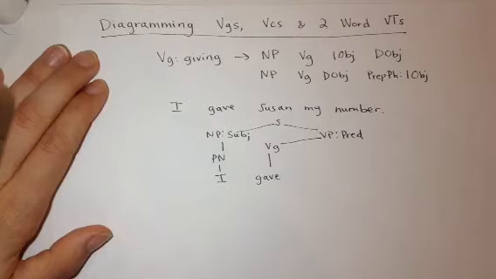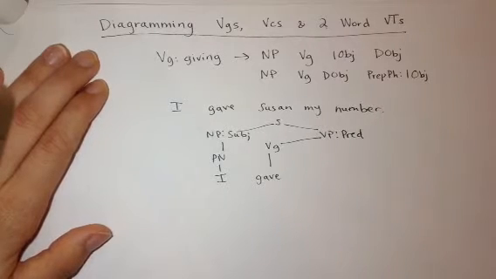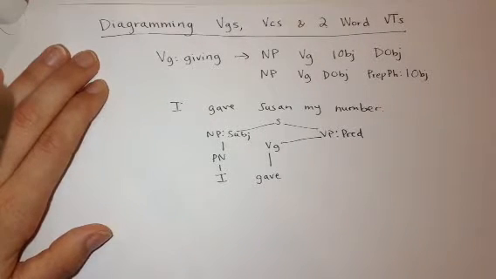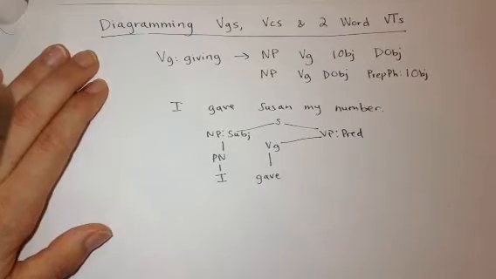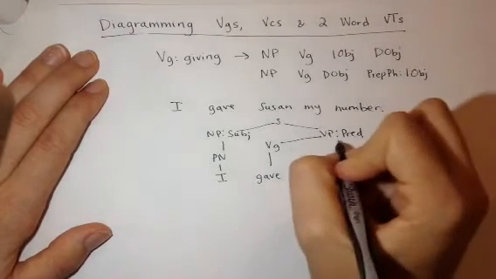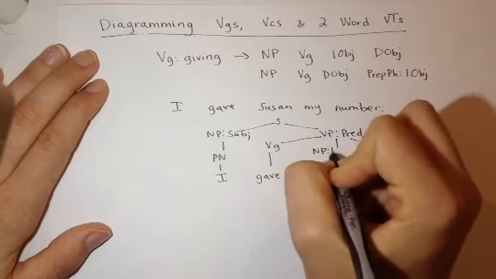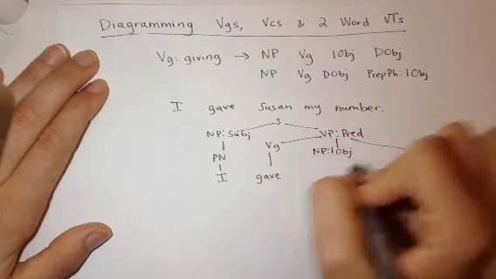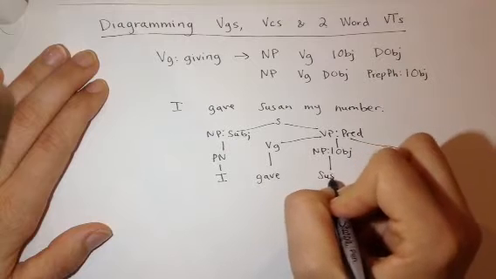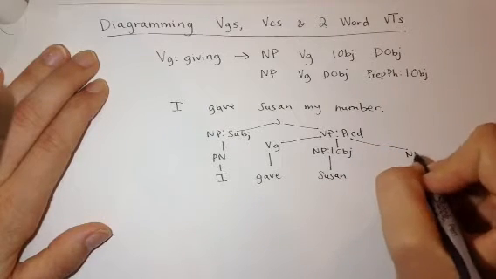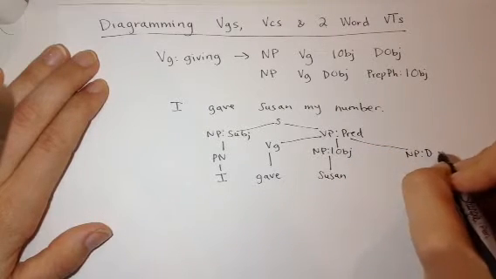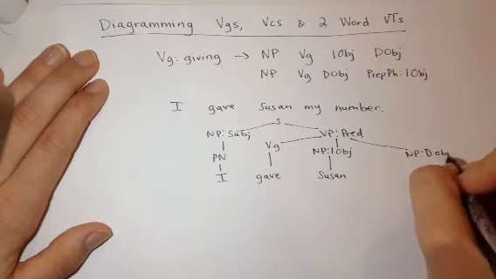Pretty easy, right? Okay, but here's where we have a problem. We face a new dilemma when we have two noun phrases. It's pretty easy. We're just going to say noun phrase, indirect object, which is Susan, and noun phrase, direct object.